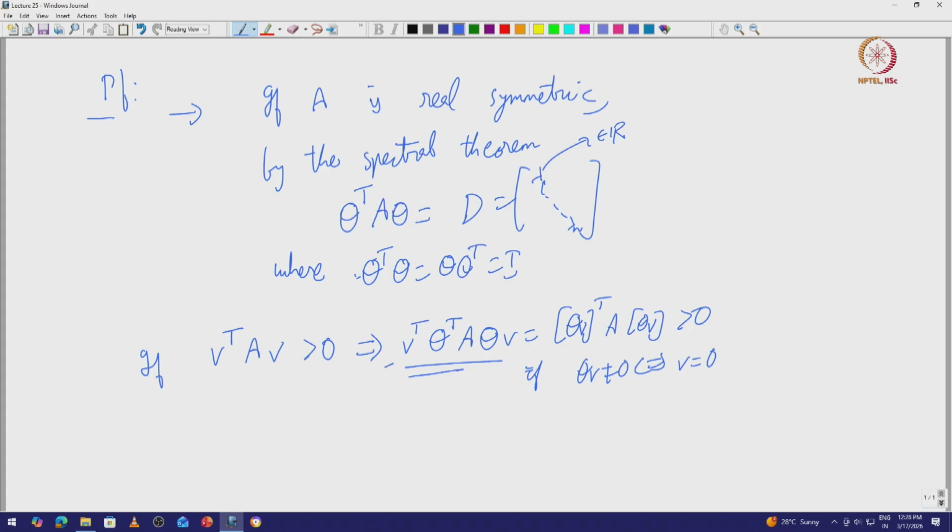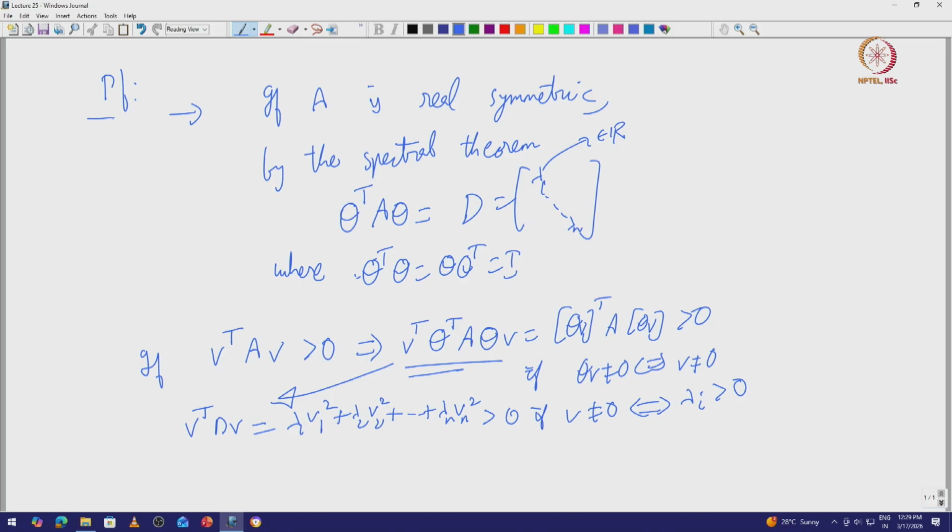This is simply the diagonal matrix V transpose dV, which is lambda 1 V1 square plus lambda 2 V2 square plus so on, lambda n Vn square. In other words, this is positive if V is not 0, which happens if and only if all these lambda i's are positive.